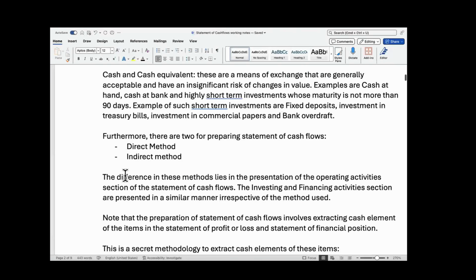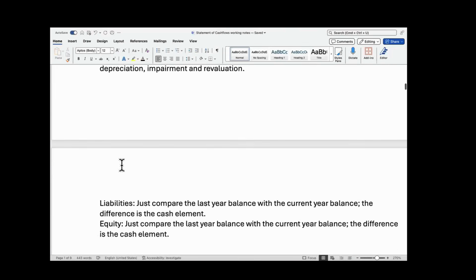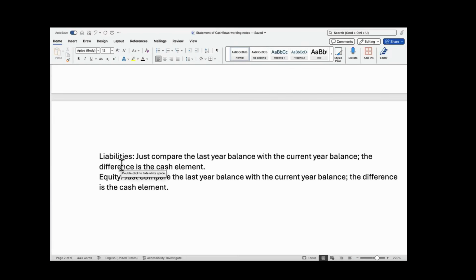Because it's a statement of changes in position. In fact, even if you're blank and you don't know what to do, just start with the movements first. Just go to your statement of financial position and be doing movements.